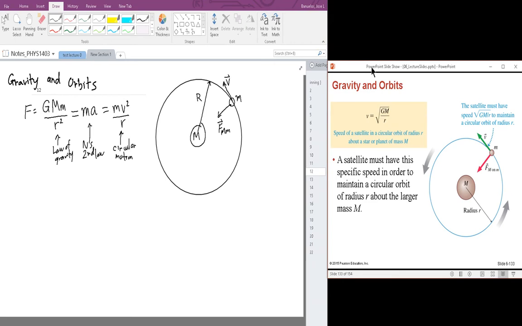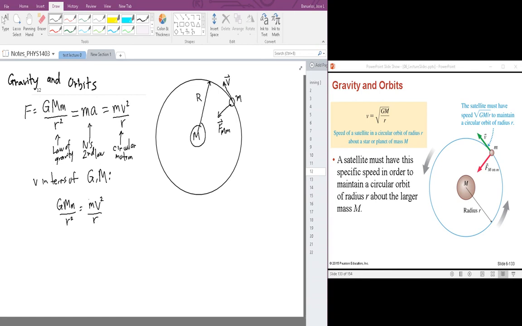So with this information, we understand where those three parts came from, and we can use it to write down the velocity in terms of big G and big M. We get that from setting G big M little m over r squared equal to mv squared over r.